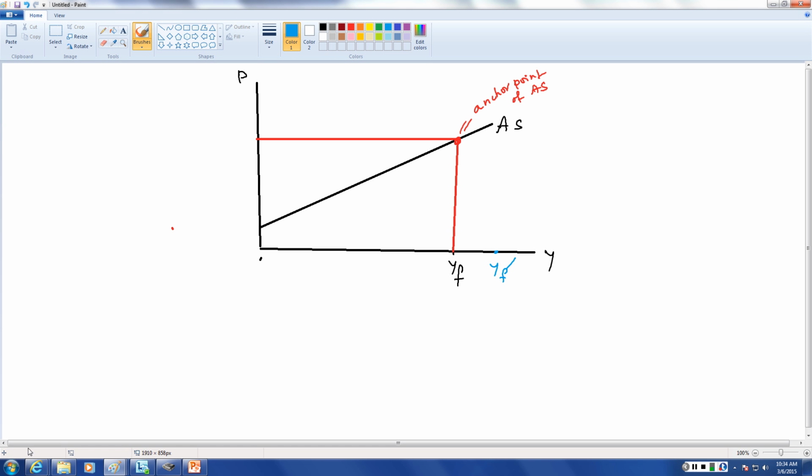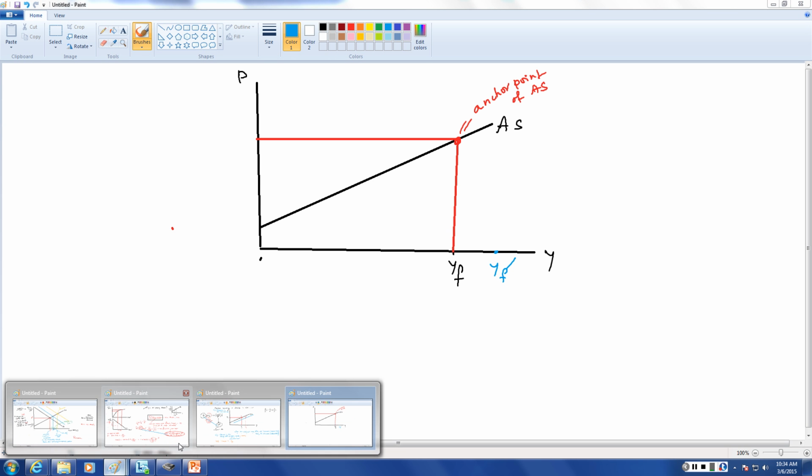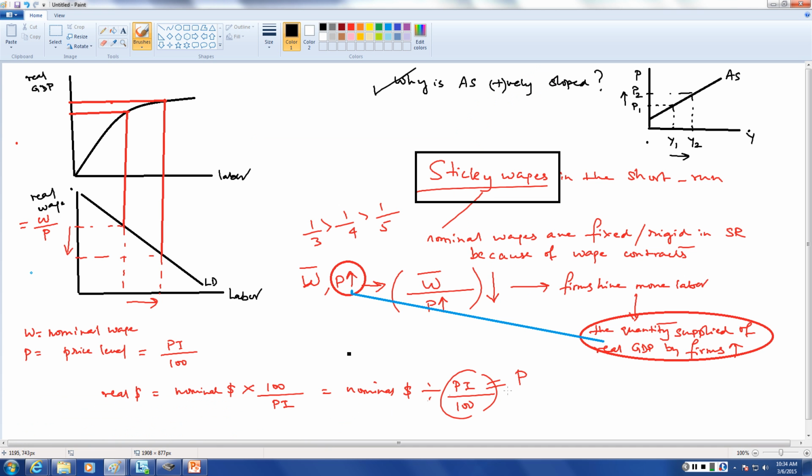Let's look at this diagram here. And in this set of diagrams to the left, let me quickly draw in a labor supply curve. Now, we know that when the labor market comes to equilibrium, that's the full employment level of employment.